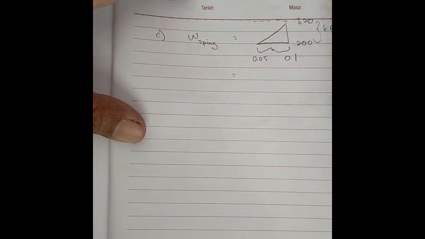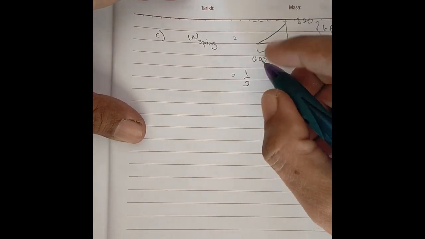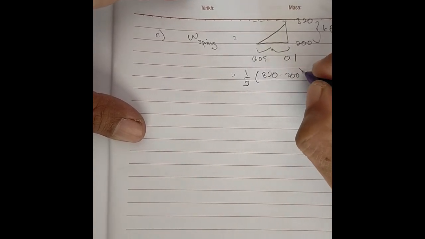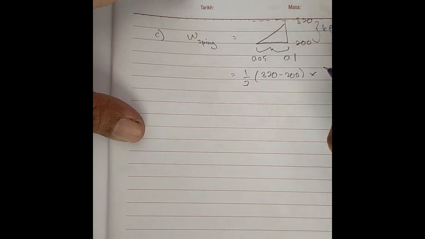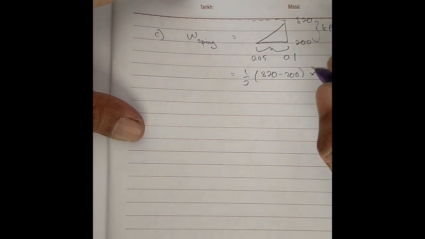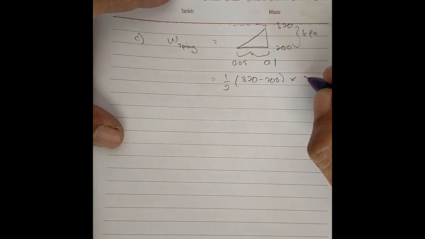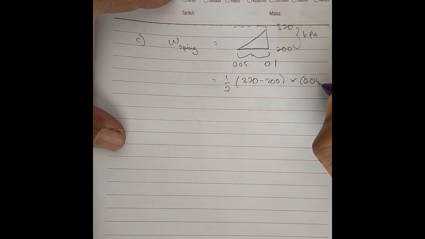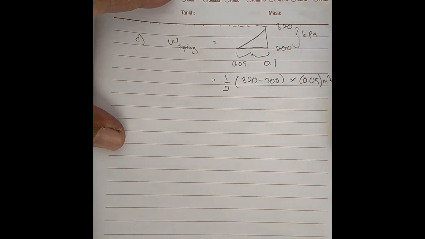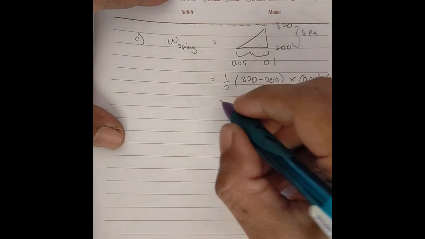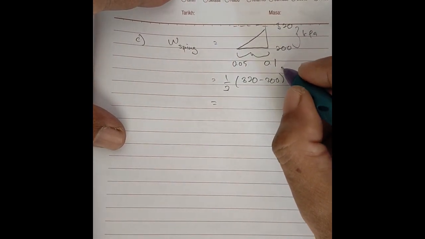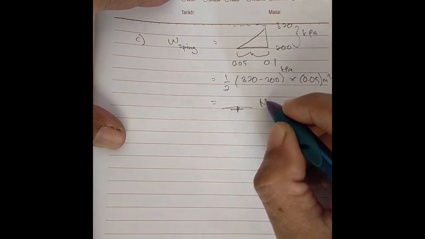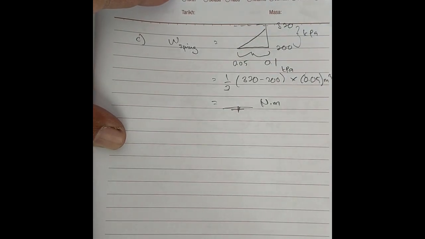So the total area will be one over 2 times 320 minus 200 times your volume, 0.05 meter cube. So this is kPa. You got Newton meter, the work of the spring.